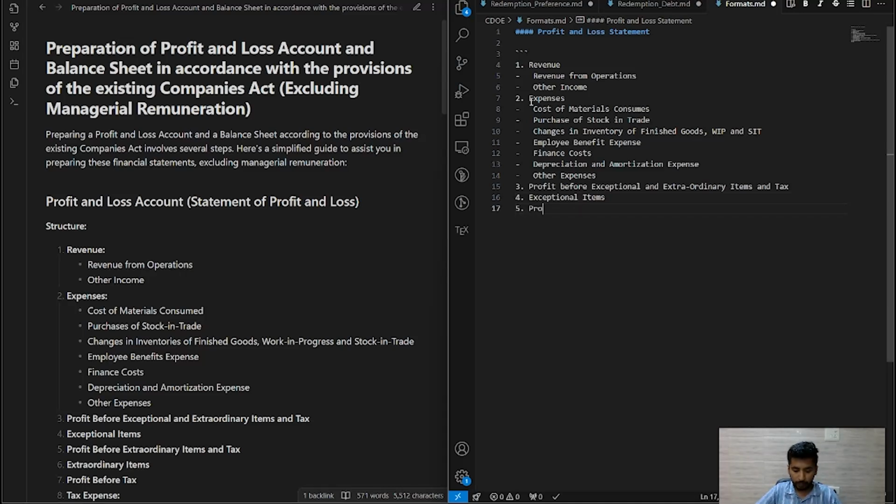Fifth will be the profit before extraordinary items and tax. And sixth will be the extraordinary items.